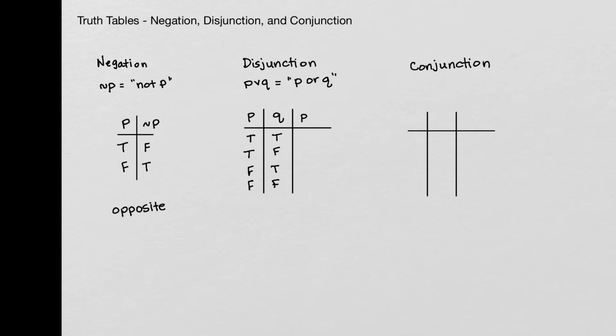So when I am finding the truth value for P or Q, this is a statement that will be true if either of the parts of it are true at all. So if I say, logic is a subject in math, or the sky is red.